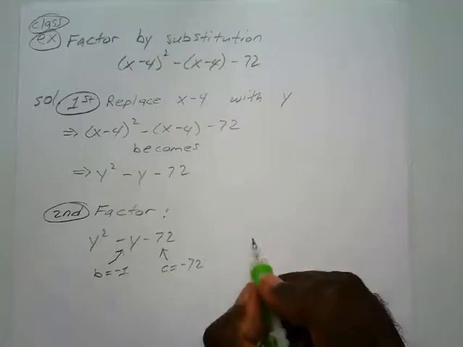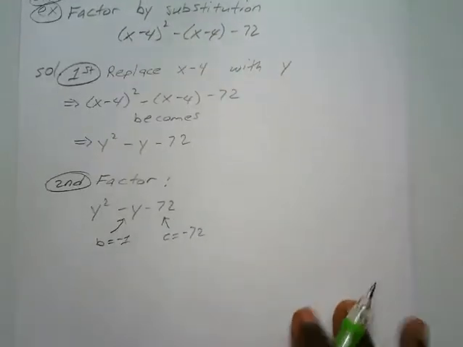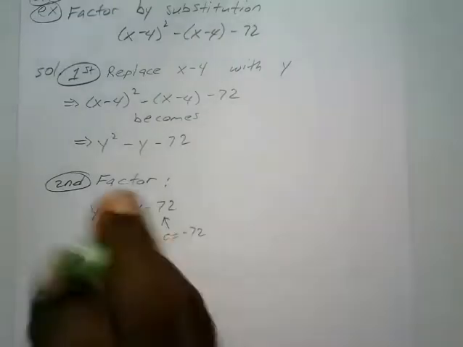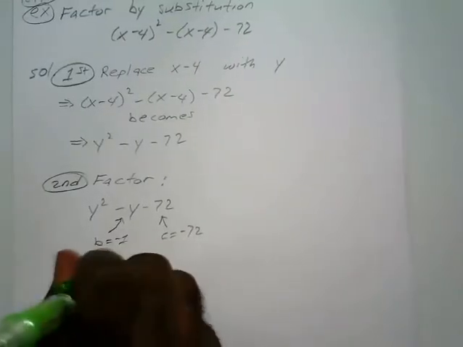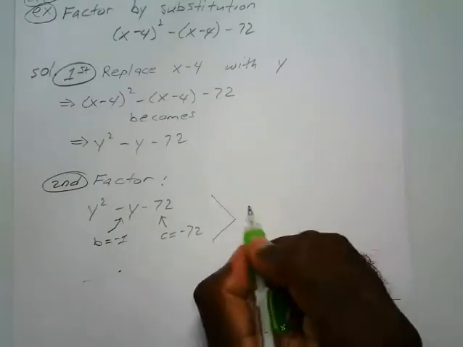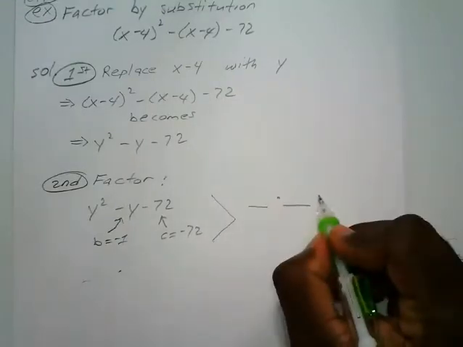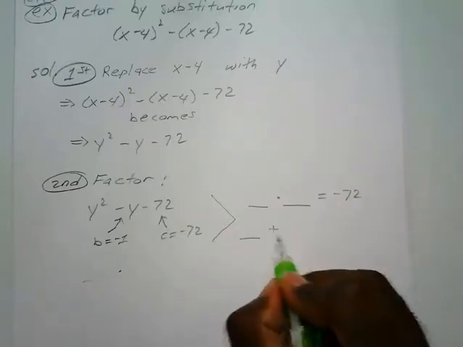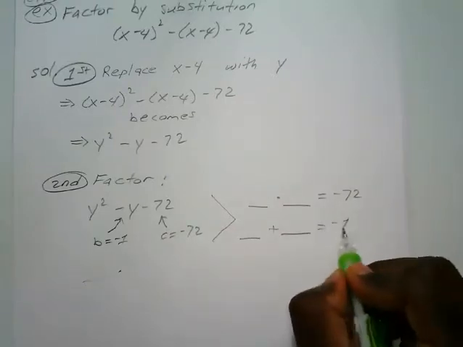So that means we just have to find two numbers that multiply to equal our c, and those same two numbers add to equal our b.